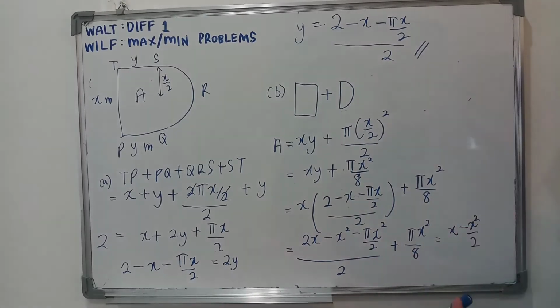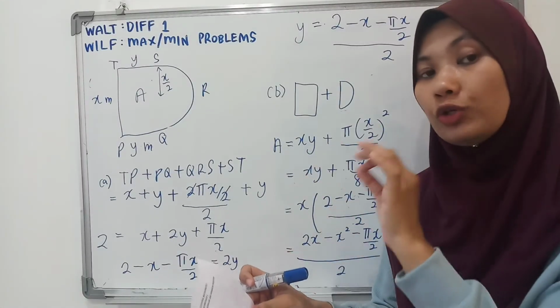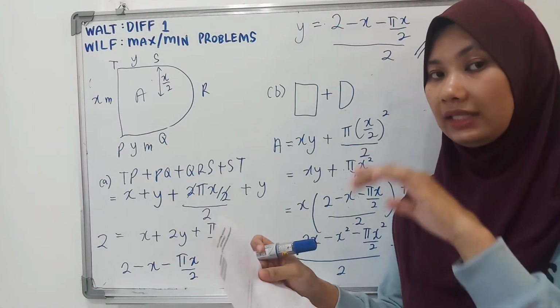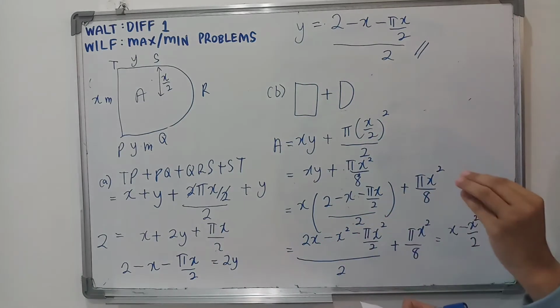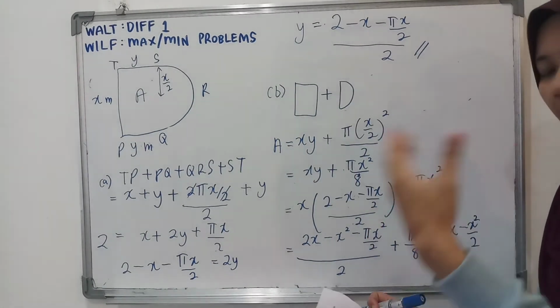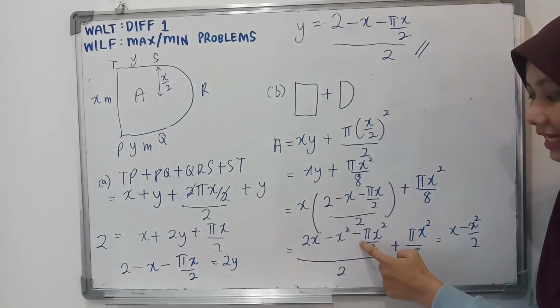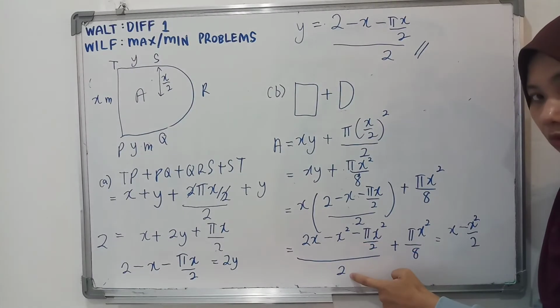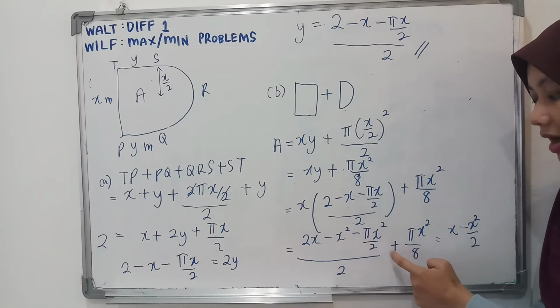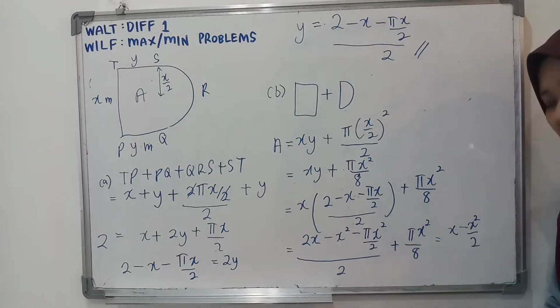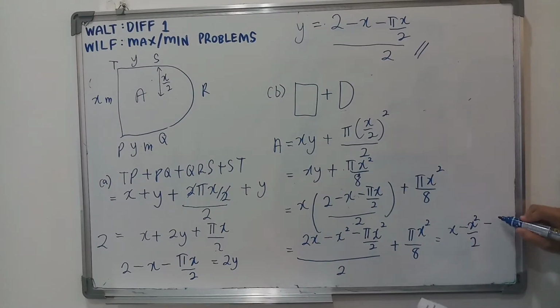Because the question maintains the pi, you don't have to key in the pi inside your calculator. Let it be pi. We just take the number in front of the pi only, which is negative 1 over 2, negative 1 over 4 plus 1 over 8. You press your calculator, you will end up with negative 1 over 8. Pi still there, X square.